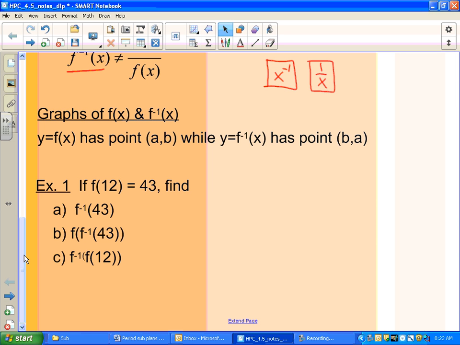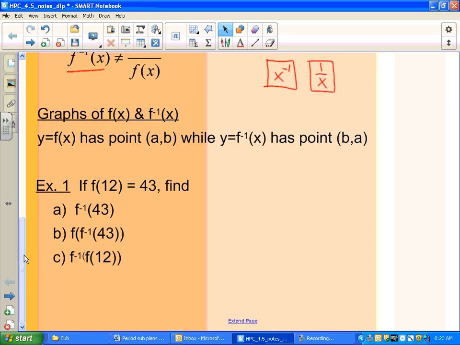So here we are with function notation y equal f of x, and we've got some coordinate on our graph, (a, b). If I have the inverse, graphically speaking, what that means is I can just swap the coordinate values of the original function, (a, b), and they now become (b, a). And we saw that in the example with Fahrenheit and Celsius.